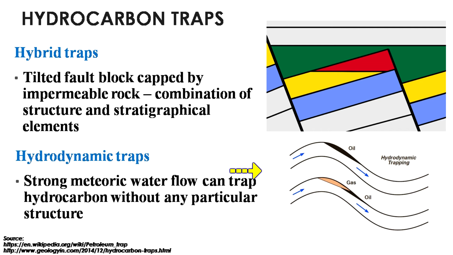The typical thing here is the contact between the oil and gas and the water will be tilted. This kind of trap is known as a hydrodynamic trap. As I told you, this is not common, but there are places where we do see existence of hydrodynamic traps.